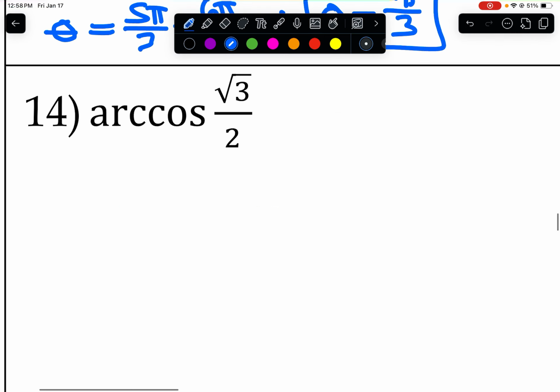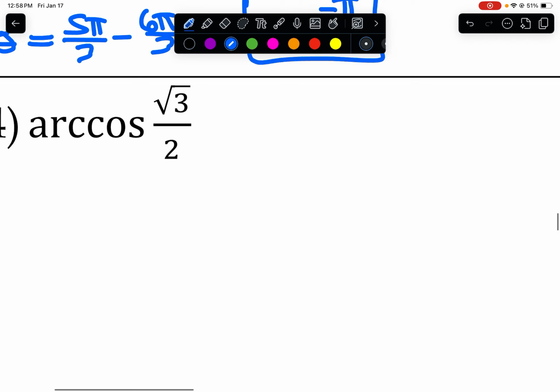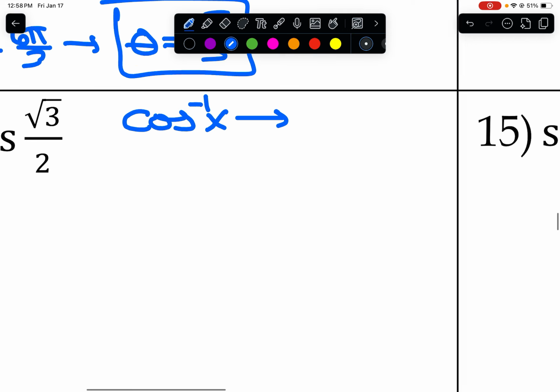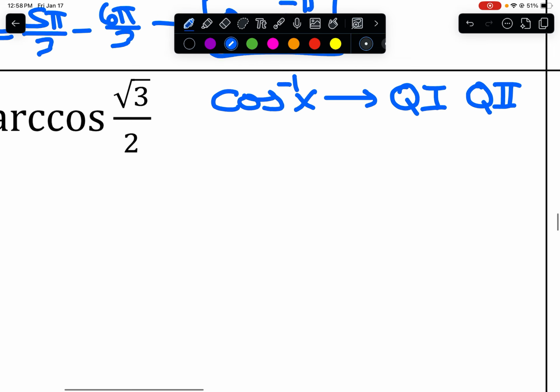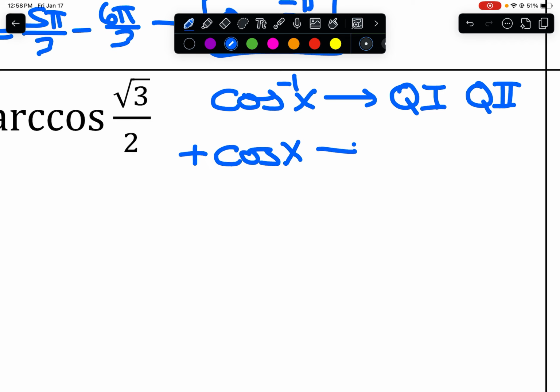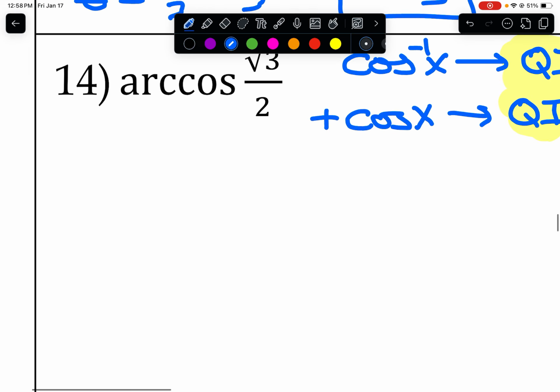Okay, so let's go through these. With arc cosine, so inverse cosine of x, inverse cosine is going to put us in quadrant 1 and quadrant 2. And then I want a positive cosine x. Positive cosine puts us in quadrant 1 or quadrant 4, and my common quadrant here is going to be quadrant 1.